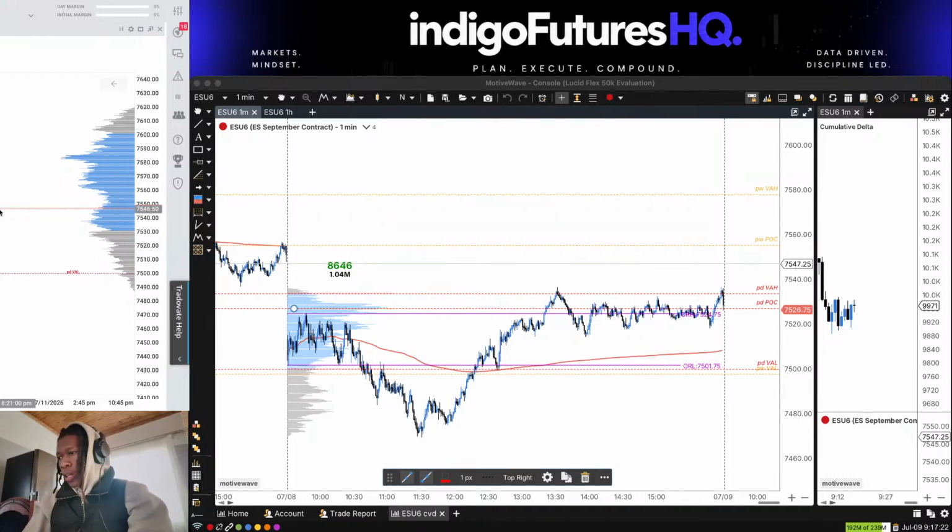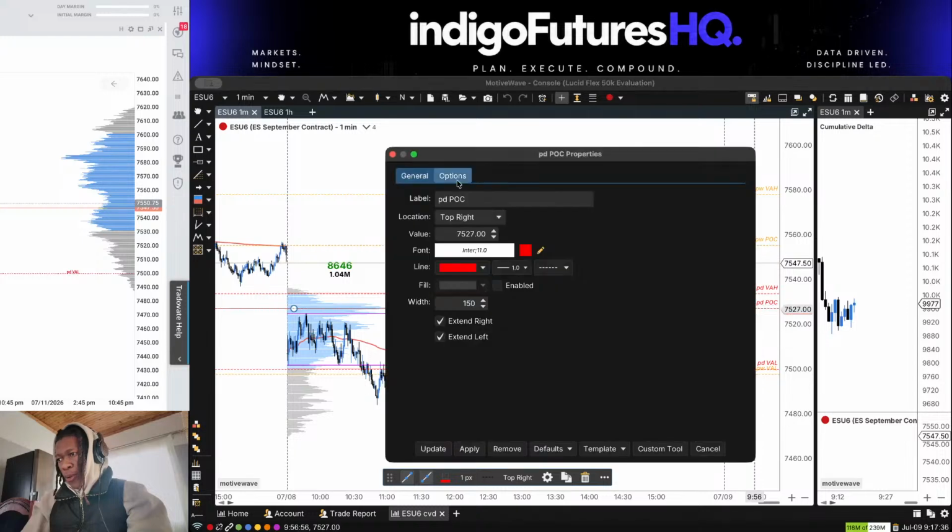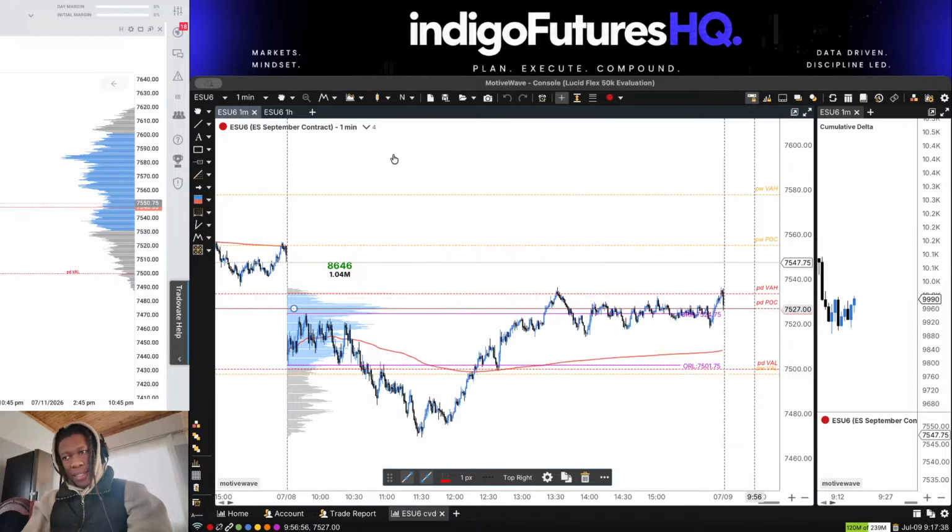For example, setting levels, right? I haven't quite figured that out yet. Drawing horizontal lines as I would on Motivewave, it's a little clunky.